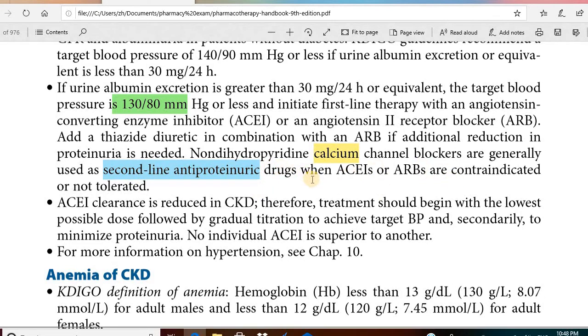So if the patient has chronic cough, we all know that ACE inhibitors have a side effect that the patient may suffer with chronic cough. If the patient has a cough and ACE inhibitors are contraindicated, then you can switch to the CCB, but these are second line anti-proteinuric drugs.